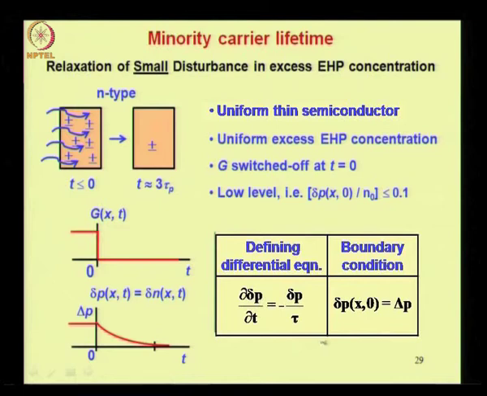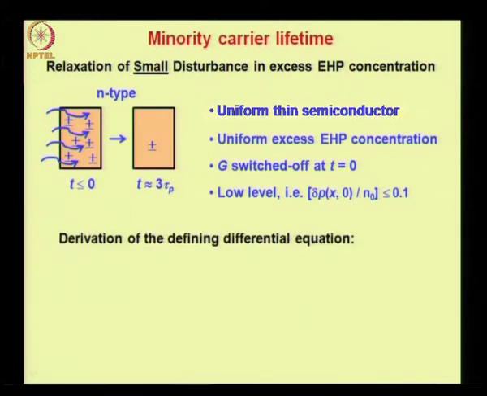The boundary condition to solve this differential equation is that the excess carrier concentration at any x for t equal to 0 is Δp. For any x it is the same because conditions are uniform. Now let us derive the defining differential equation.